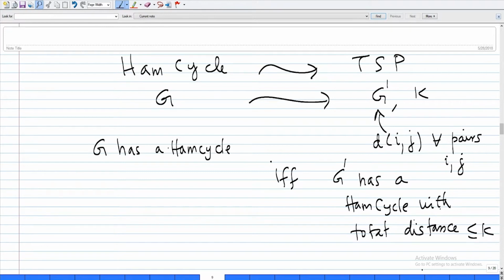So k is your choice, G prime is your choice, the distances are your choice. I am giving you a graph, I want to solve the Hamiltonian cycle problem, and you claim you have an algorithm to solve the TSP, and how do I use that to solve my problem, right? You want to do this in polynomial time.